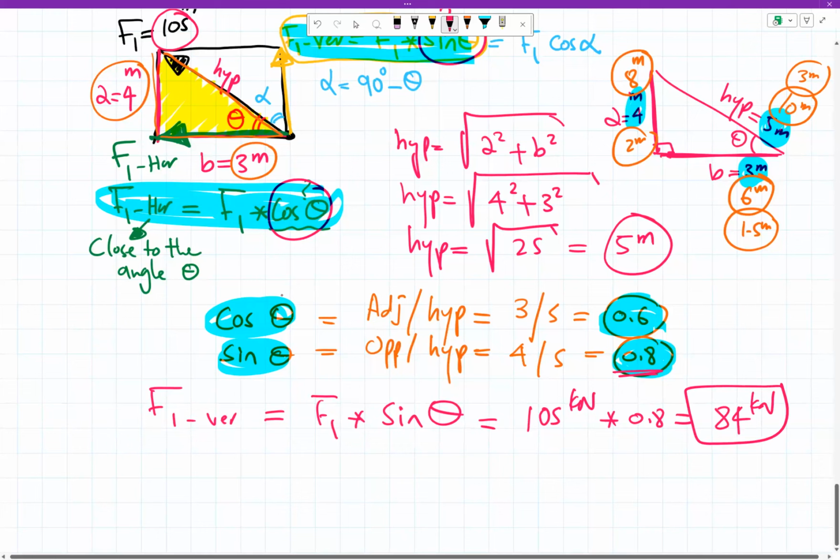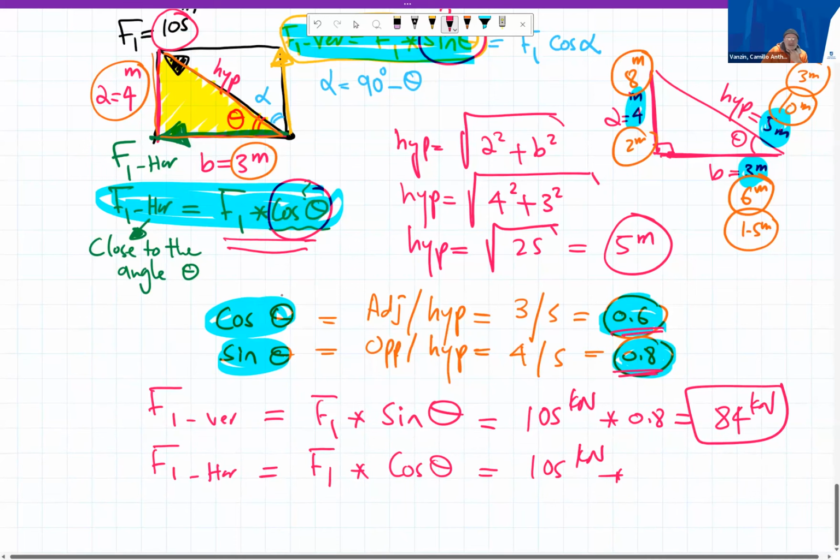F1 horizontal is F1 times cosine theta, equal to 105 times 0.6, which gives us 63 kilonewton.